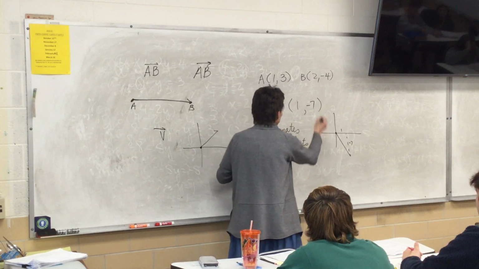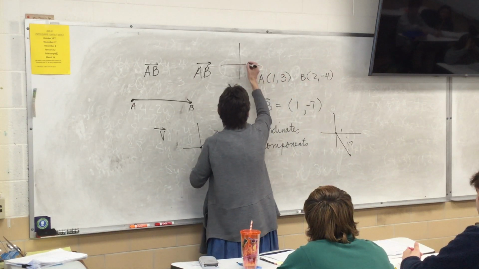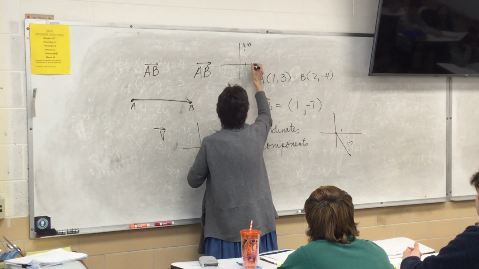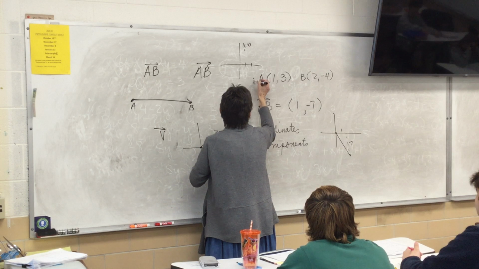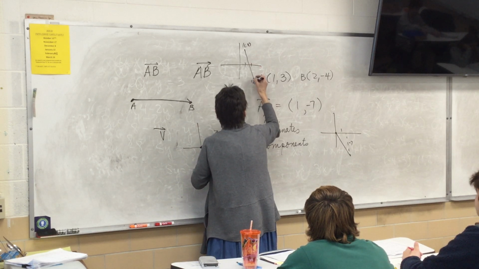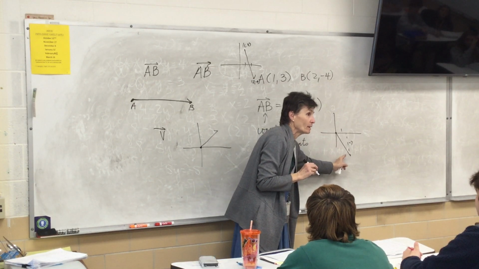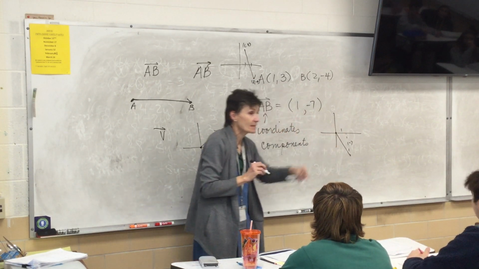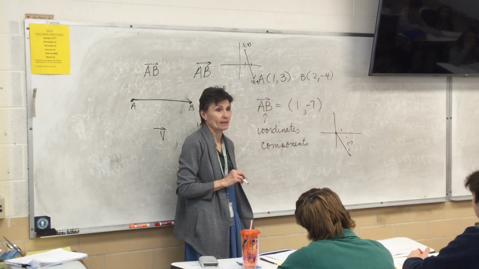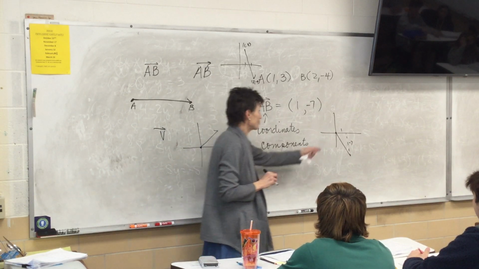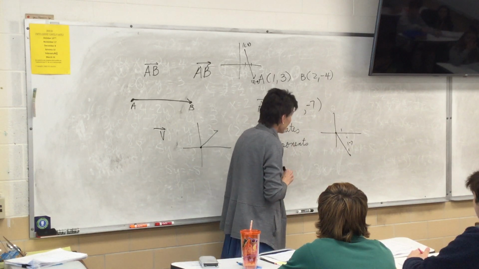If you'd rather plot the points (1, 3) and (2, -4) and draw the vector like that, that's okay, but that is exactly the same vector as that one, because it has exactly the same direction and exactly the same length, wherever you put it. So it's easier just to make it a position vector. Okay, how long is it?